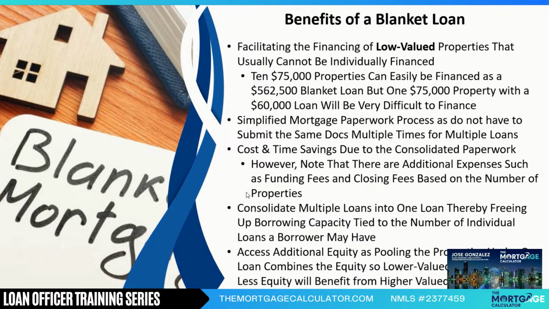But then when you combine the overall portfolio value and the overall loan amount, you could be at 75% LTV or 80%, depending where you need to be for which portfolio loan option, and you're good to go. So most people don't think about that one, right? But this is a really good reason for closing on a blanket loan.